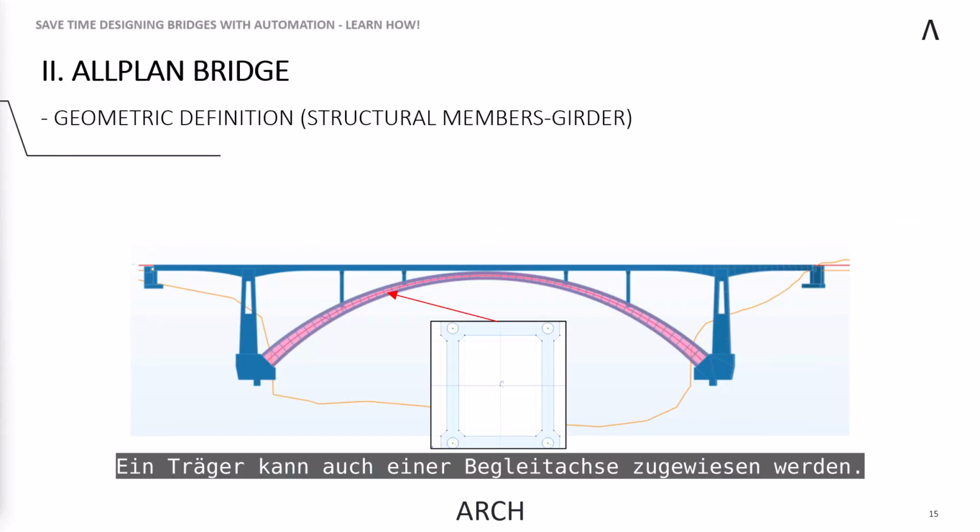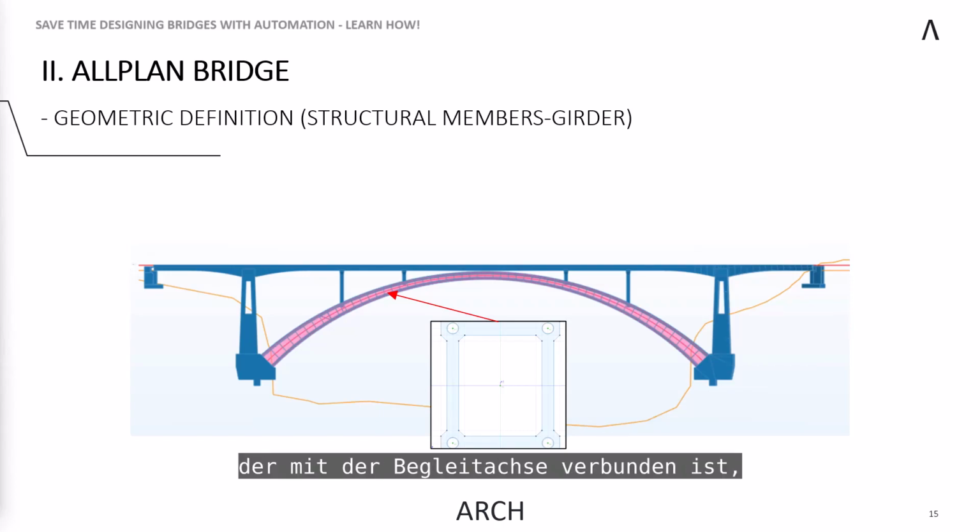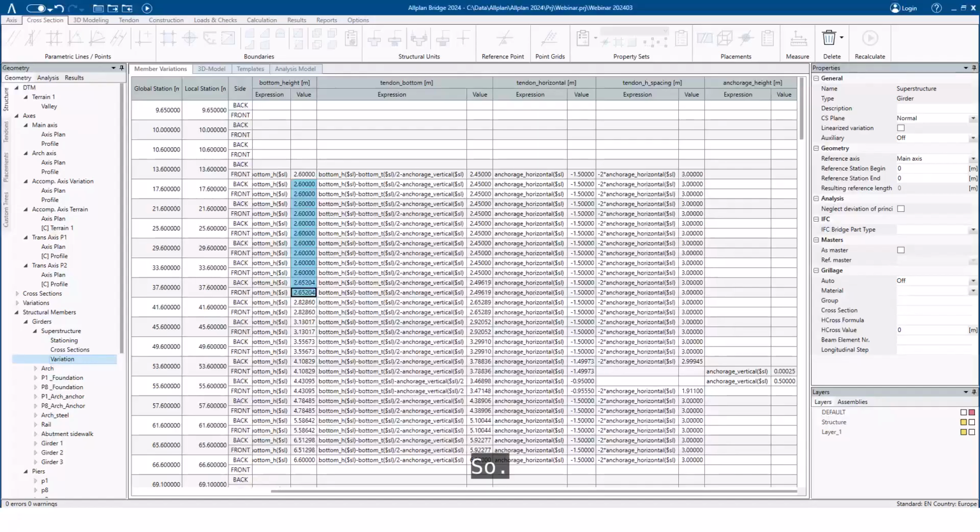A girder can also be assigned to an accompanying axis. For example, if this was an accompanying axis, this would also be parametric to the main axis. Here, even with one simple cross section, you have the possibility to create this arch member that's linked to the accompanying axis that's connected to the main axis, like that.